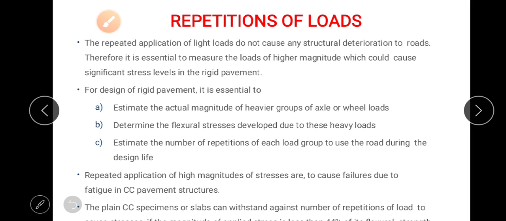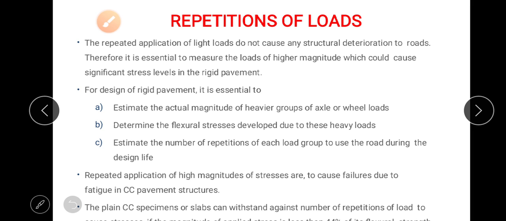Repetition of loads. For design of rigid pavement, it is essential to estimate the actual magnitude of heavier groups of axle or wheel loads, determine the flexural stresses developed due to these heavy loads, and estimate the number of repetitions of each load group using the road during the design life.